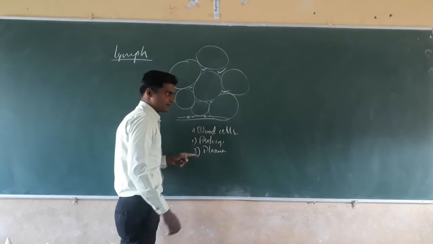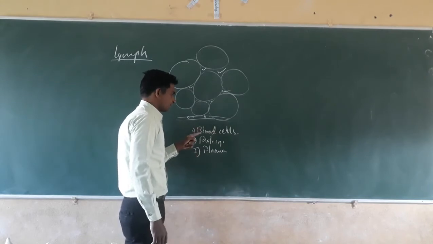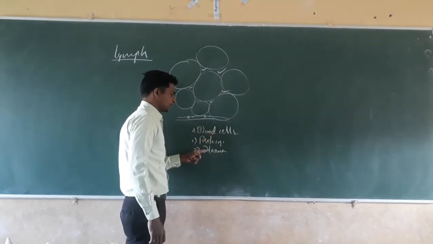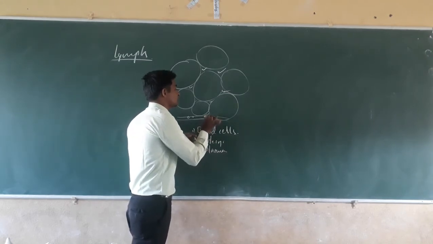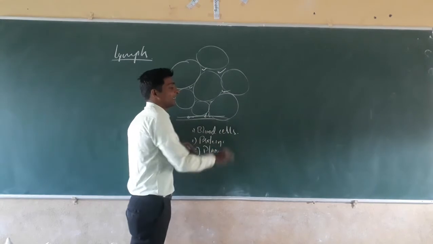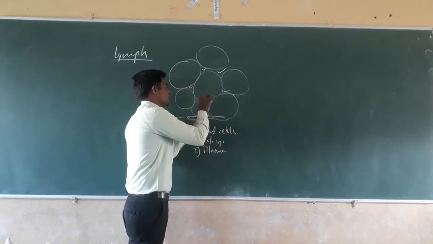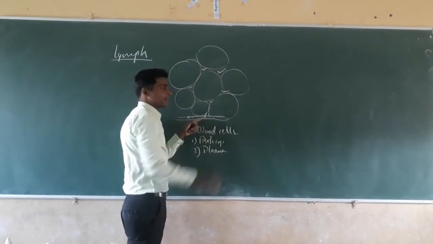The blood cells, protein, and plasma will percolate out through the holes of the capillaries into the intercellular space.